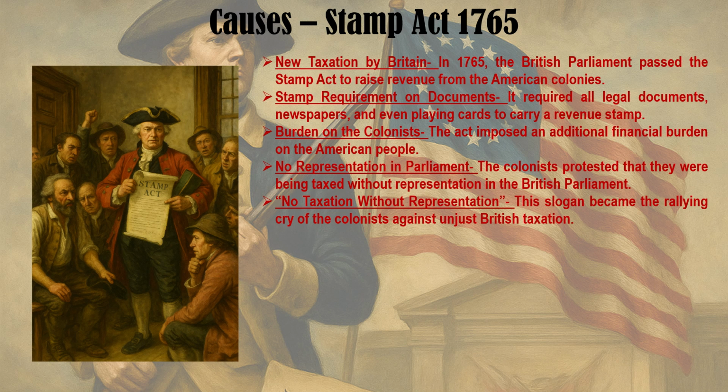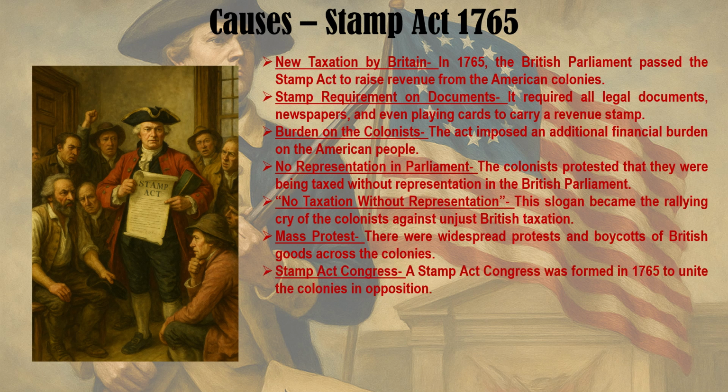So we will not pay you unless you give us a right to say something in the functions of the government. No taxation without representation. There were widespread protests and boycotts of British goods across the colonies. So people started protesting and boycotting British goods. A Stamp Act Congress was formed in 1765 to unite the colonies in opposition.